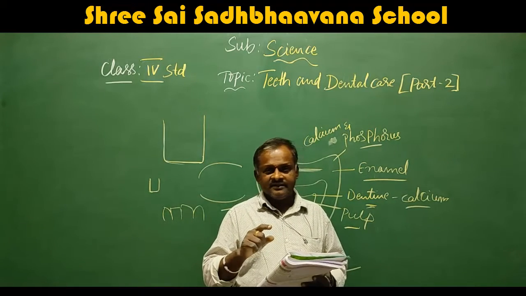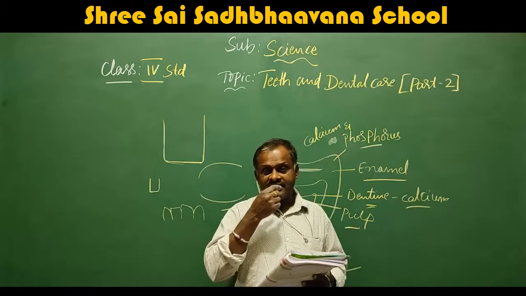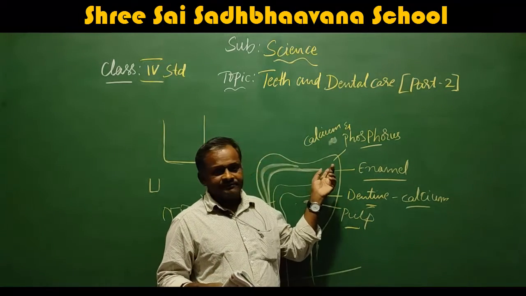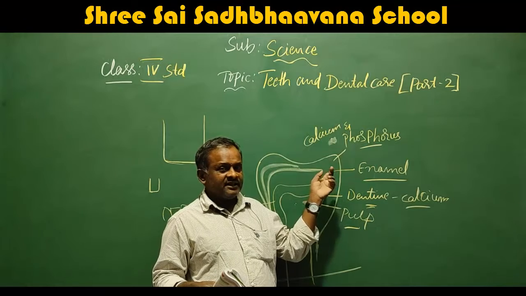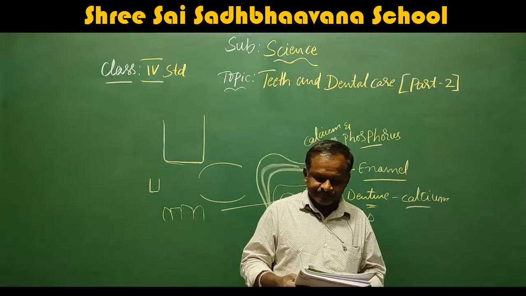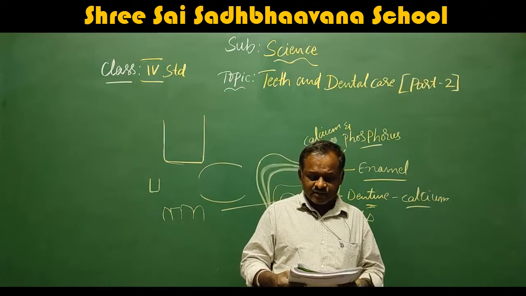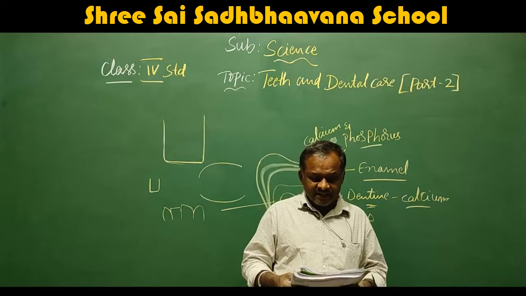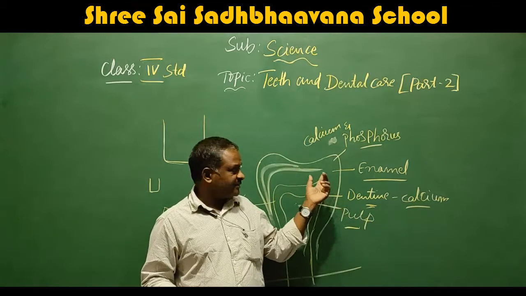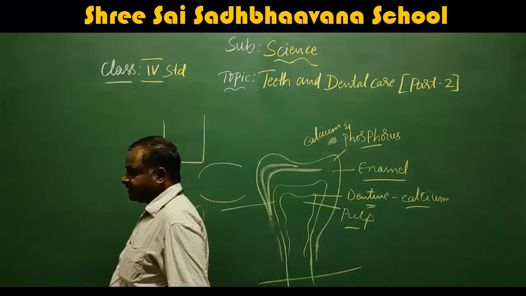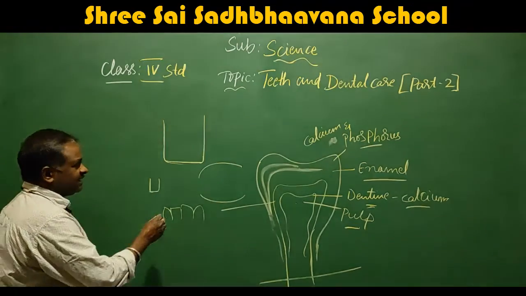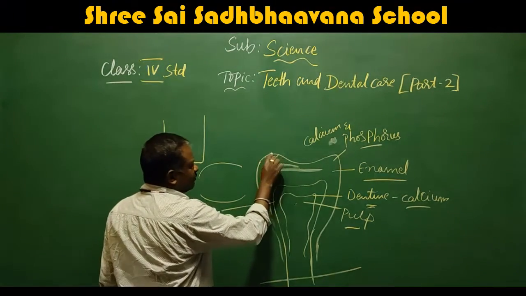But that acid damages the enamel. These juices corrode the enamel of the teeth. Consequently, cavities are formed. That means the tooth gets damaged, like the cavities, black marks.